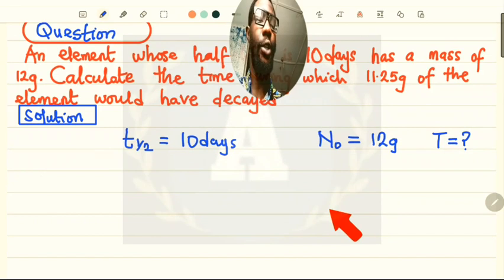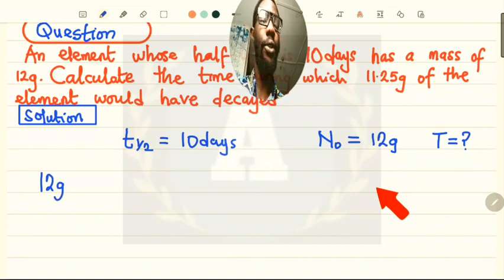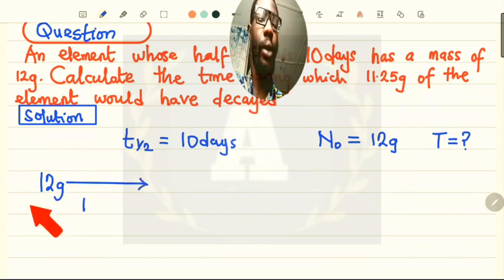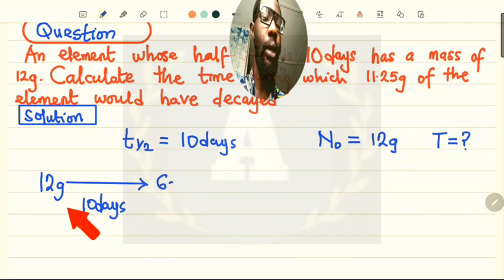Now, the initial mass of the sample is 12 gram. So we write 12 gram as the initial mass of the sample. After 10 days, which is the first half-life, this will reduce to half its initial value, so we have 6 gram left.